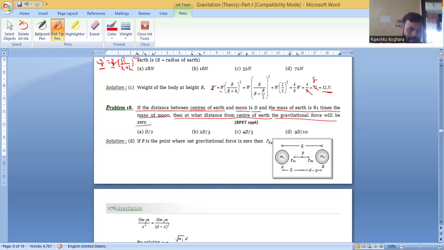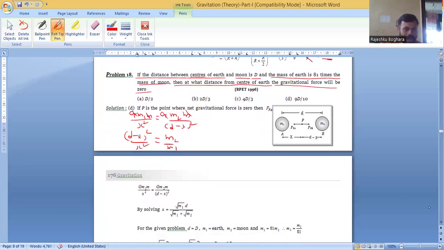Then resultant force we take 0. तो मीन्स हम लिख सकते हैं G m1m अपॉन x स्क्वायर इक्वल टू G m2m अपॉन d माइनस x स्क्वायर. तो G m cancel. Then here we write d minus x square upon x square is equal to m2 by m1.